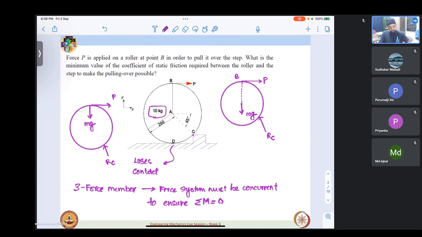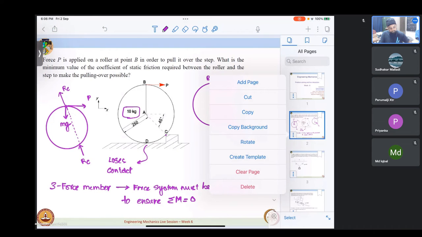So we know that this force has to pass through the point of concurrency, which is point B. So this is the line of action of Rc. It has to pass through that point. Okay, so far so good. So using the principle of transmissibility again, we can put Rc over here, right? So no confusion so far.